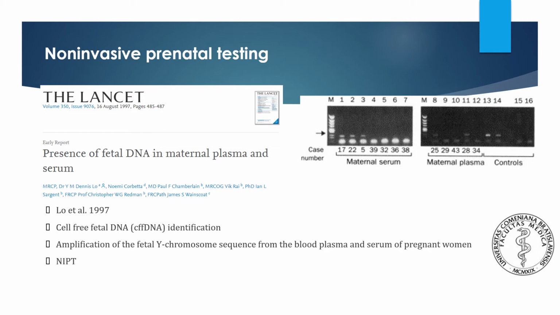It was shown that a significant fraction of this DNA is released into the maternal circulation during the apoptosis of trophoblast, so it's not directly from the embryo, but from its trophoblast, and it means that DNA isolated from circulating fetal cells is actually placental.